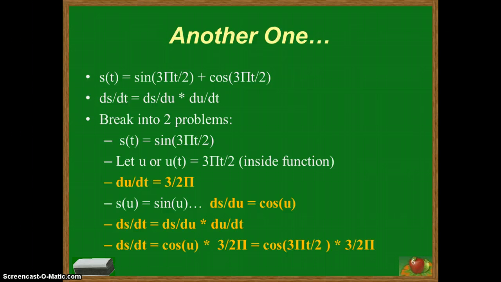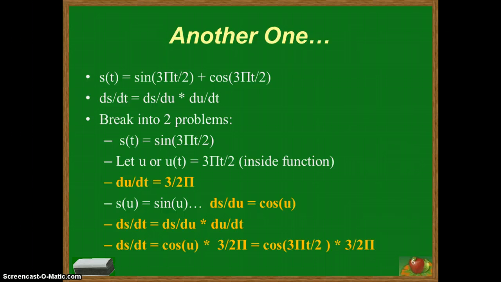Du dt, in this case, would be the derivative of 3 pi t over 2, and that would just be 3/2 pi. S of u, which is the outside function, would just be sine of u, because u in this case is 3 pi t over 2. Taking the derivative of s with respect to u, I get cosine of u.